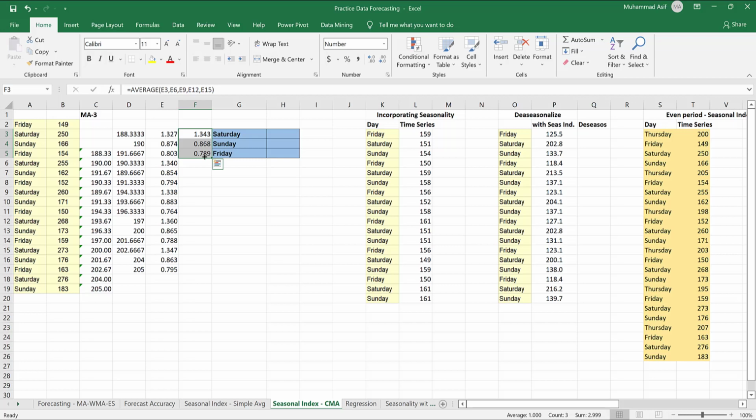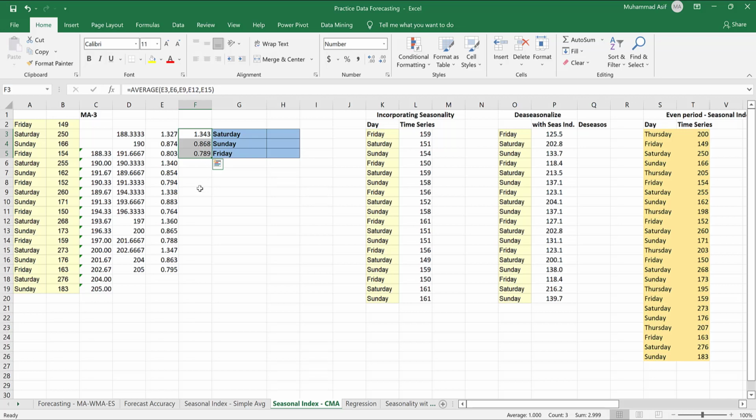So over here we see that the seasonal index for Saturday is 1.343, for Sunday it's almost 0.868, and for Friday, 0.789.